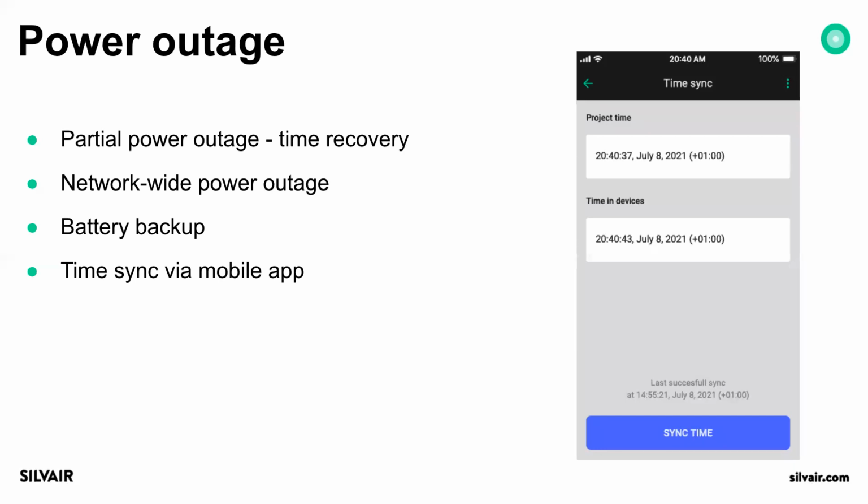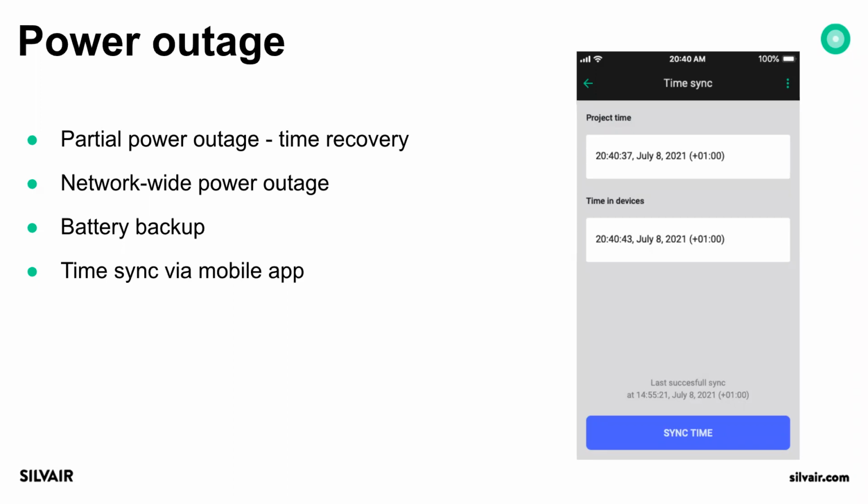The different situation is a network-wide power outage. When all of the devices in the network are not powered on, there are two approaches. One of the approaches is the real-time clock device that has a battery backup, so it can keep the time, for example, for 24 hours.